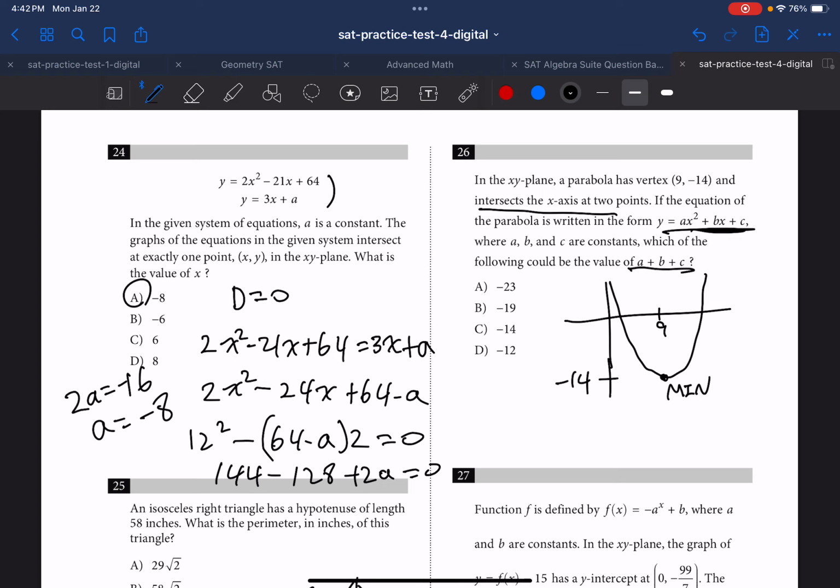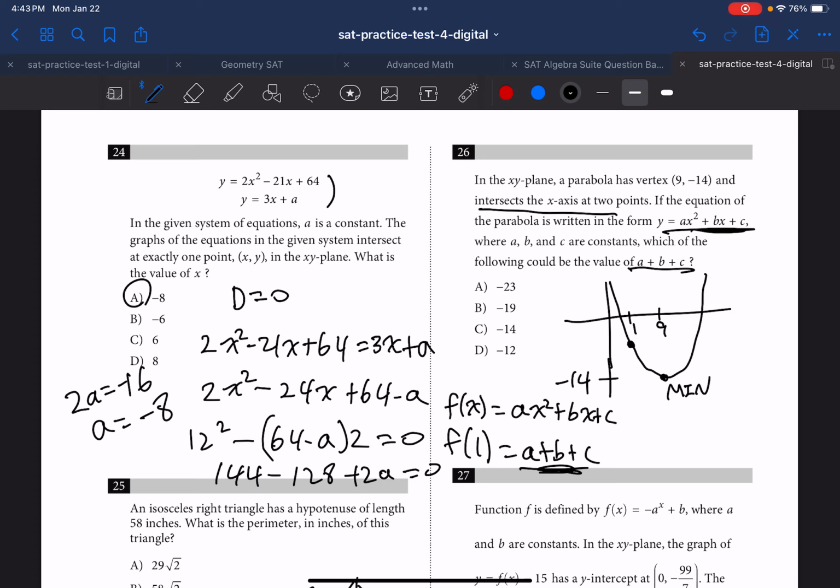So we obviously don't have enough information to find all the values of a, b, and c, but here's how I do it. A plus b plus c is the same thing as when x is equal to 1. Because if we define f of x as ax squared plus bx plus c, when x is equal to 1, it is just a plus b plus c, right? So we're basically finding the y value at x equals 1, which is around here.